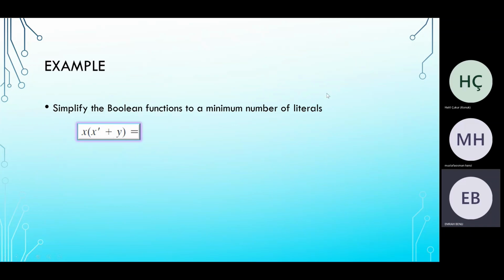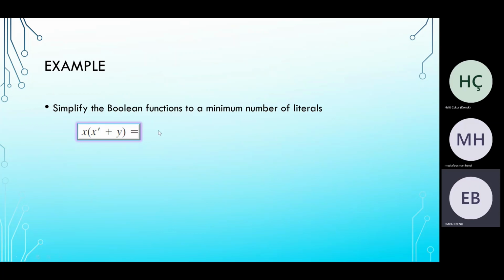So what is that? What is the result of that? Do you have any guess? What is the simplified version of this? Anybody have a guess? If not, I'll continue.